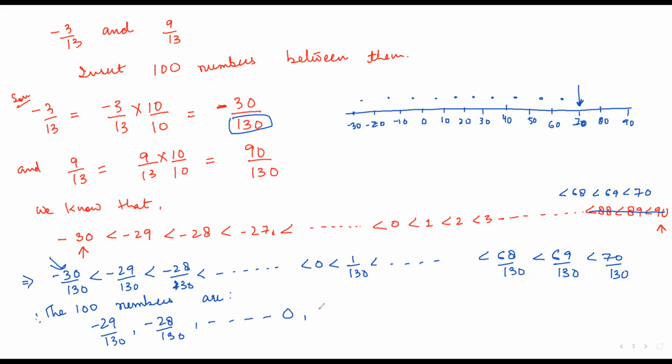I'll get 0, then I'll get 1 by 130, then I'll get 2 by 130, and so on. And I'll get 69 by 130. And before this, I have 68 by 130. That's it. So don't take this one because, no, you take this one. Otherwise, the numbers will be 99, right? Is that okay?